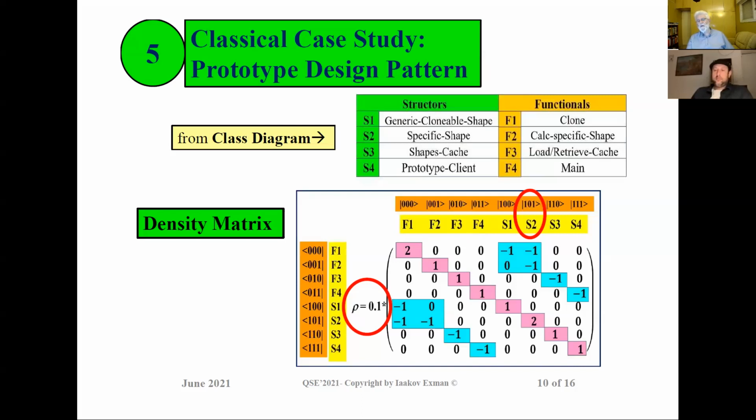Another point that we want to emphasize is the meaning of the Kets above the columns and the bras to the left of the rows. For instance, if we apply the density matrix on the Ket 101, we obtain the column S2 with the respective coefficients -1, -1, and 2.